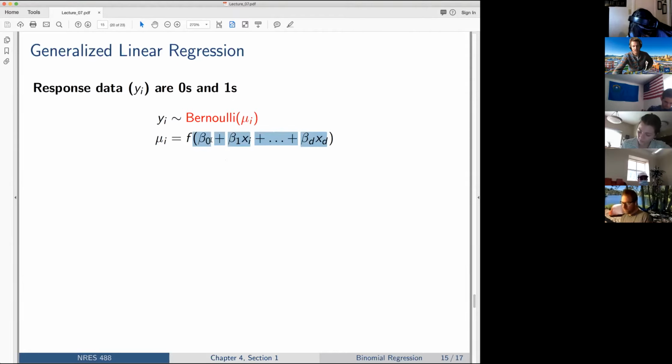And we'll talk a lot about why we need some function here. The third important difference is there's no sigma squared here. We don't have a parameter for sigma squared. The variance isn't something we estimate by itself. The variance is a function of the Bernoulli random variable.